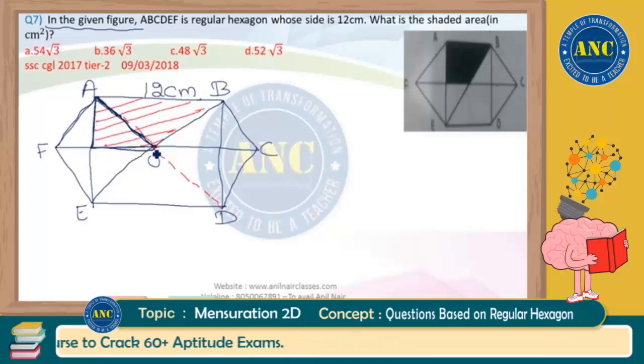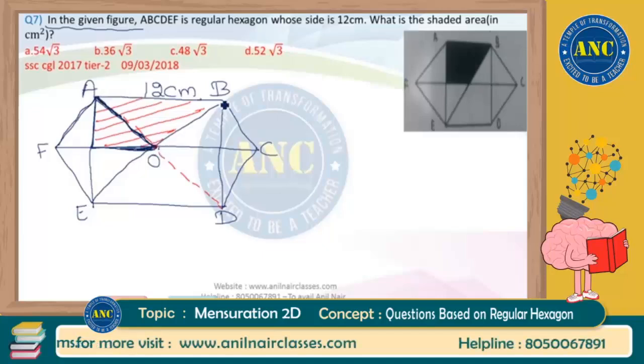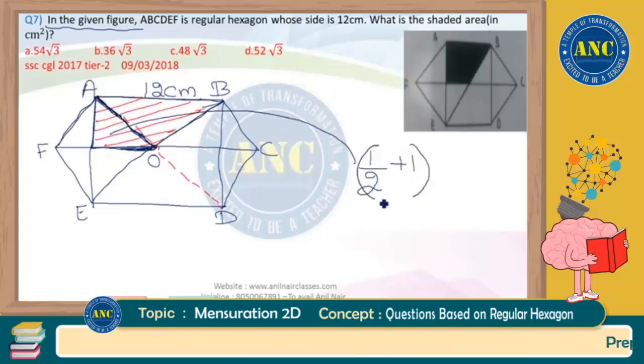And AOB I also need to find. That is one full equilateral triangle.